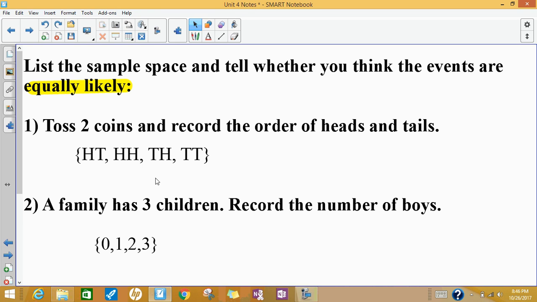In the coin tossing, a head is equally as likely to happen as a tail, and therefore any of these 4 outcomes, heads, tails, tails, tails, tails, any of those events would be equally as likely to happen. For a family having 3 children, that's not as equally as likely to have 0, 1, 2, and 3.